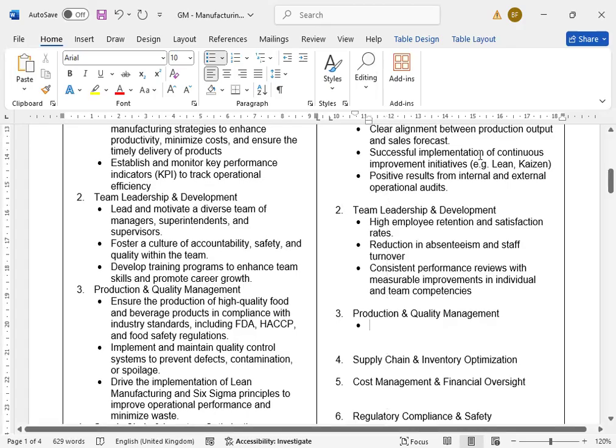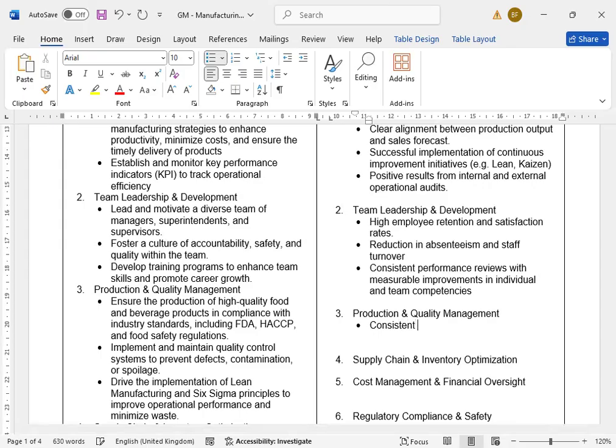Okay. What would be for the production and quality management? Again, consistent compliance with FDA. What is FDA again? Food and Drug Administration. And HACCP. What else?